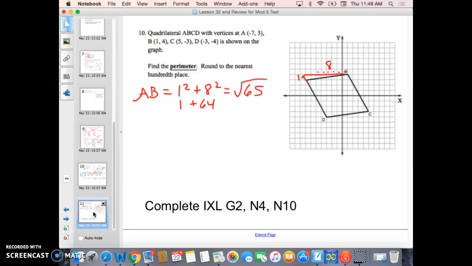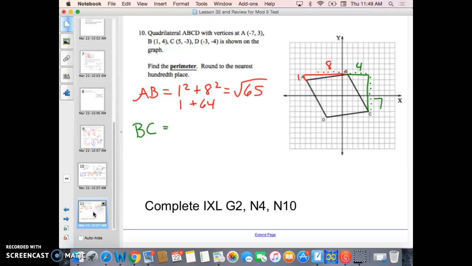And then if I want to find from B to C, it's the same thing. This is 1, 2, 3, 4. 1, 2, 3, 4, 5, 6, 7.